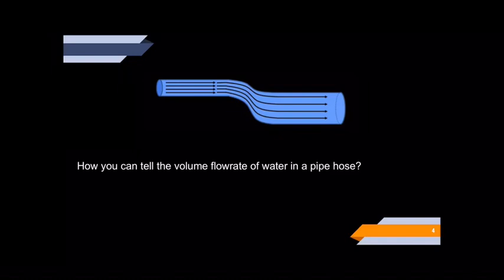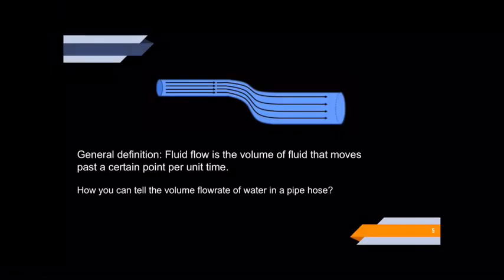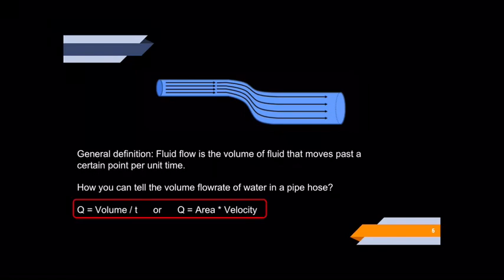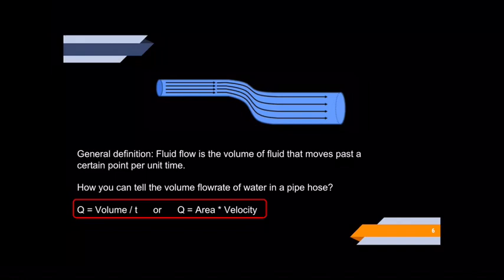That's actually the general definition of fluid flow. Flow is the volume of fluid that moves past a certain point per unit time, because you can specifically tell that the flow rate of the water in the hose is equal to how much volume of fluid comes out in how many seconds.